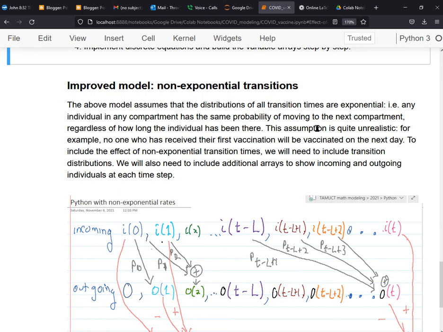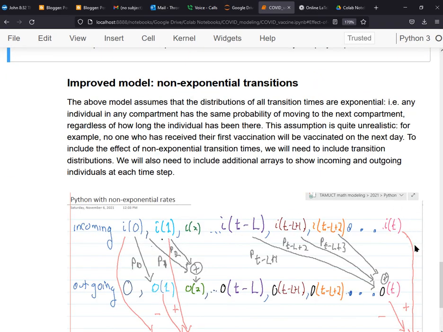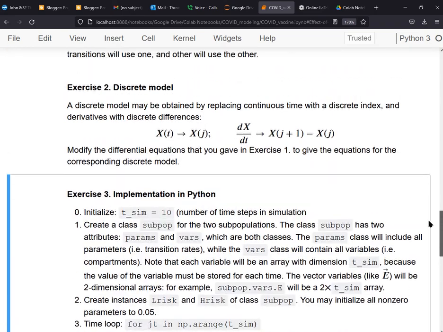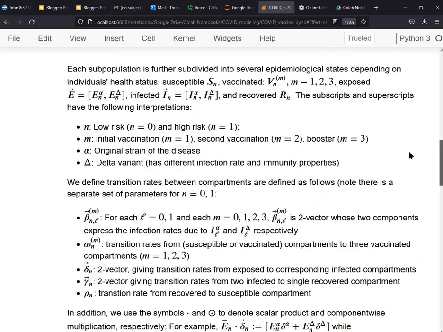This assumption is not good. For example, no one who has received the first vaccination will be vaccinated on the next day. But this assumption with exponential rates means that a constant proportion of the people in the compartment are vaccinated every day. That's certainly not true.